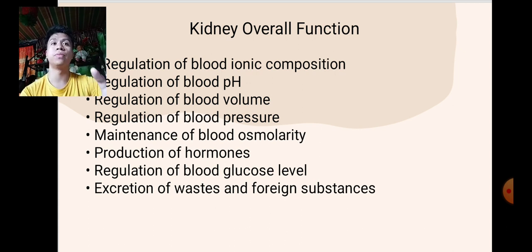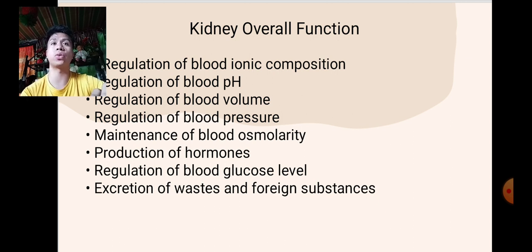The kidneys adjust blood volume by conserving or eliminating water in the urine. An increase in blood volume increases blood pressure, and a decrease in blood volume decreases blood pressure. That's the mechanism. The fourth one is the regulation of blood pressure.